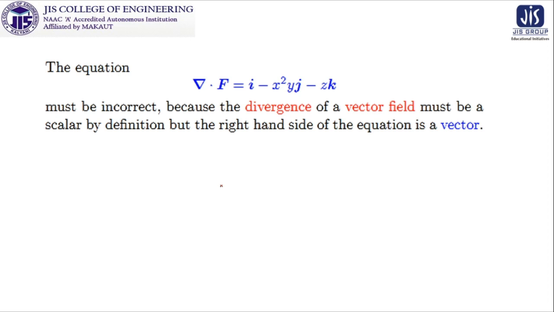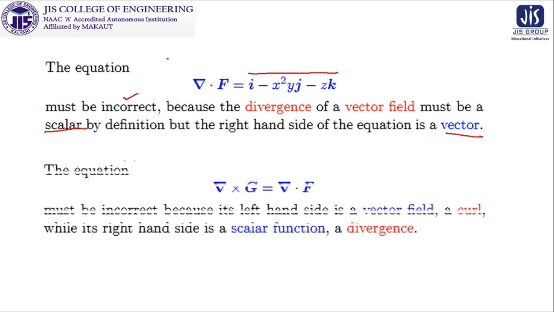Now in the next case, it is del dot, means divergence. When you are taking divergence, del is a vector quantity and the field is a vector quantity, so their dot will be a scalar quantity, but what is given is a vector quantity. The divergence of a vector field must be scalar, but what we have is a vector, so it has to be incorrect. Clear?